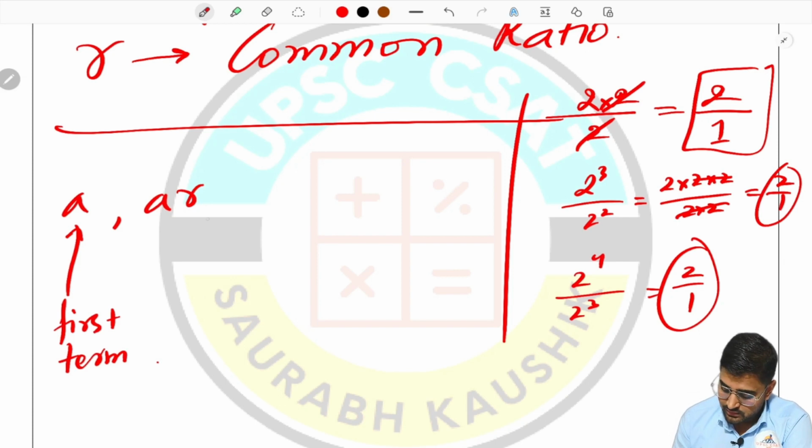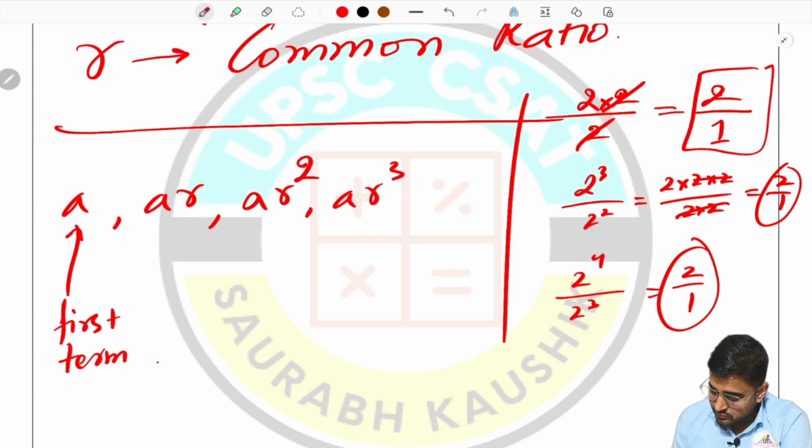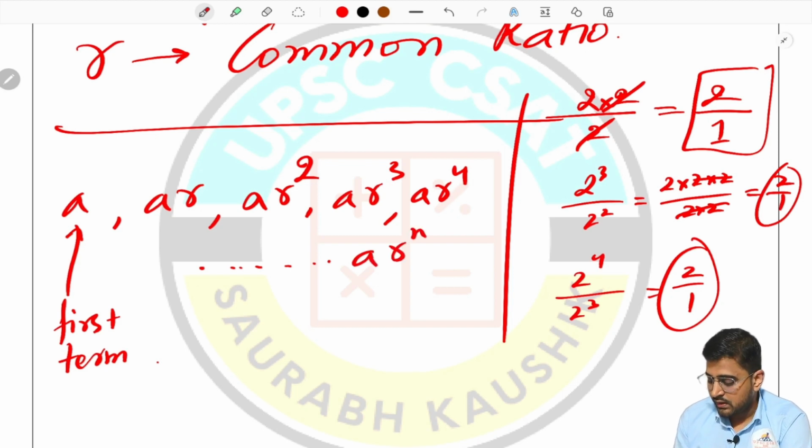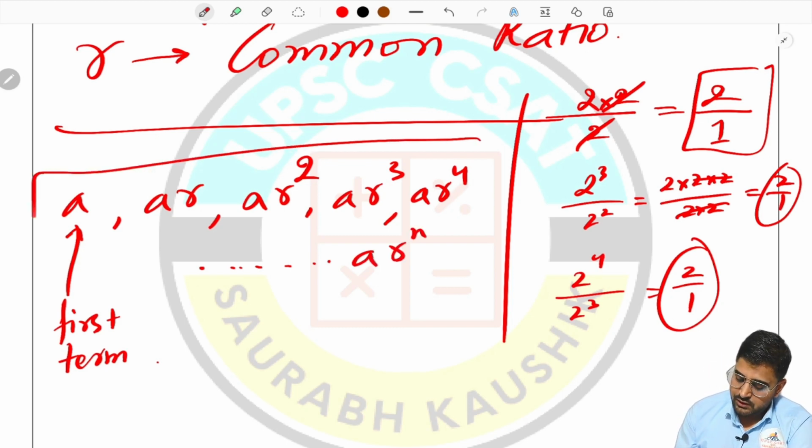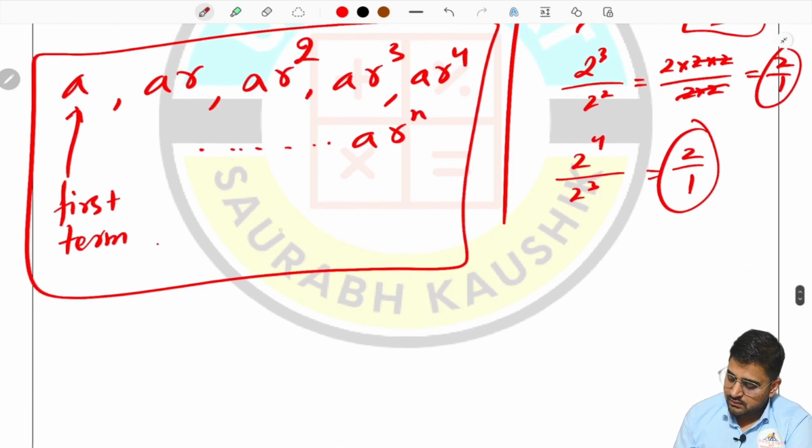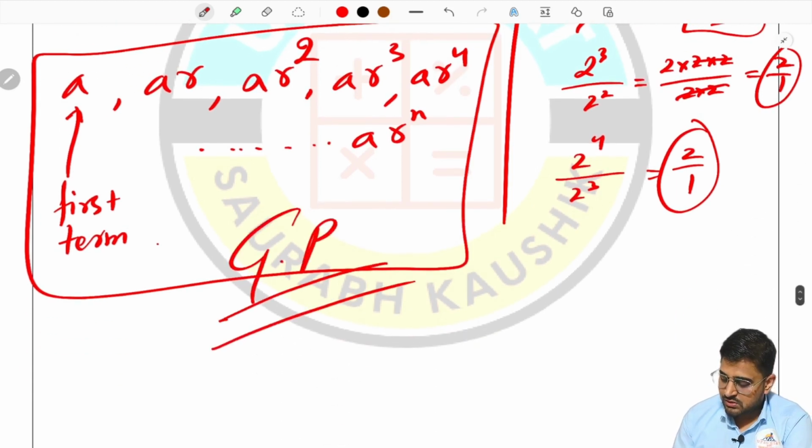Then this ratio gets squared, means gets multiplied again. That ratio is going to increase each and every time till the end. If this kind of pattern is there, it is the pattern for GP, geometric progression.